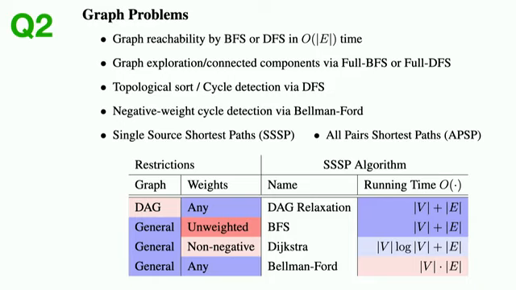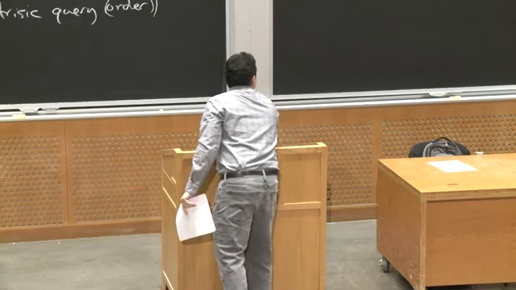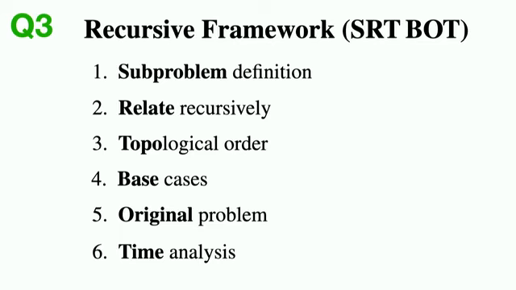And then quiz 3 material was kind of applying this graph material to a recursive framework. What was our recursive framework? Everyone say it with me? Dynamic programming, and the framework was SRTBOT, right? Missing a letter, but SRTBOT. You can actually think of the quiz 3 material as really an application of the graph material. What are we doing in SRTBOT?